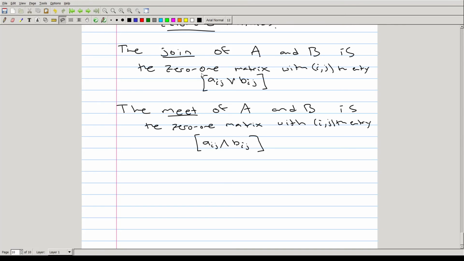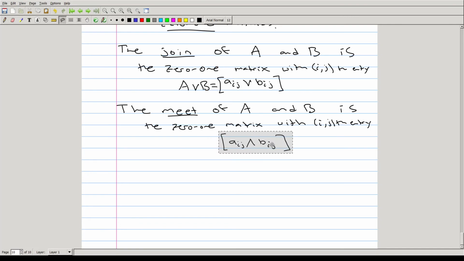This join can also just be denoted as A or B. And likewise, the meet can be described as A and B.